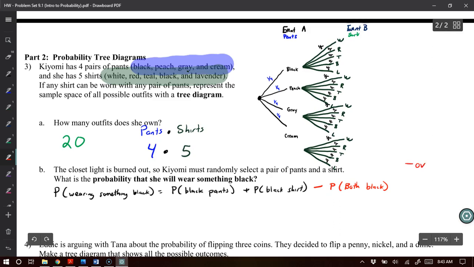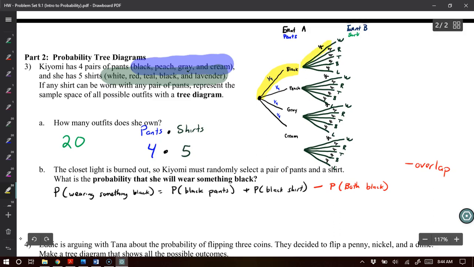So whenever you're doing an OR, you always look at that minus the overlap. So the probability of wearing a black pair of pants is 25%. It's 1 out of 4. If I were to follow this along, so here's my black, I have a 1/4 chance of wearing something black.